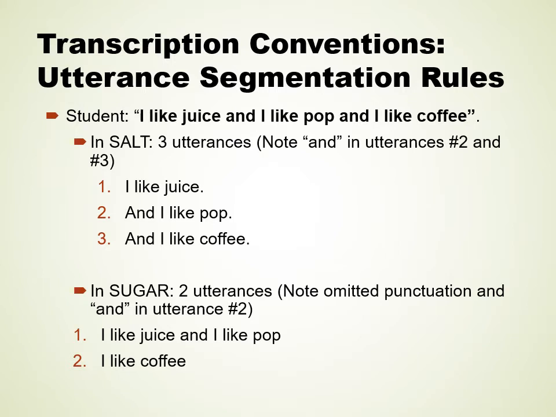So SALT would say, divide this up, I like juice, period, and I like pop, period, and I like coffee, period. In SUGAR, though, the rules are that you don't divide the first 2 independent clauses that are connected by and, you also don't use punctuation in SUGAR. So SUGAR would divide this into 2 utterances: 1, I like juice and I like pop, 2, I like coffee.